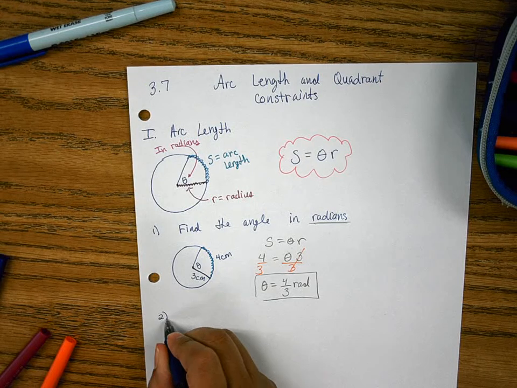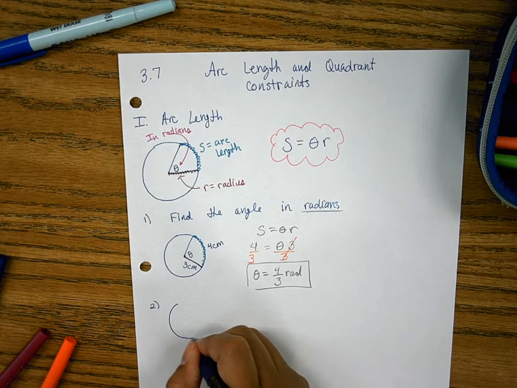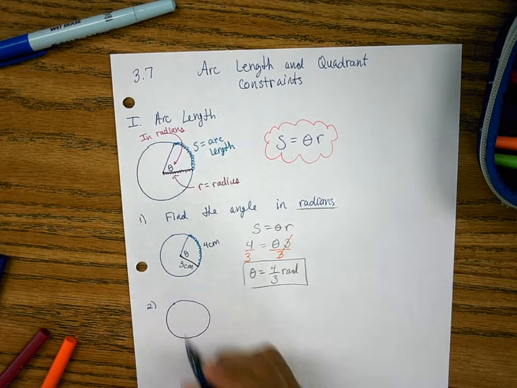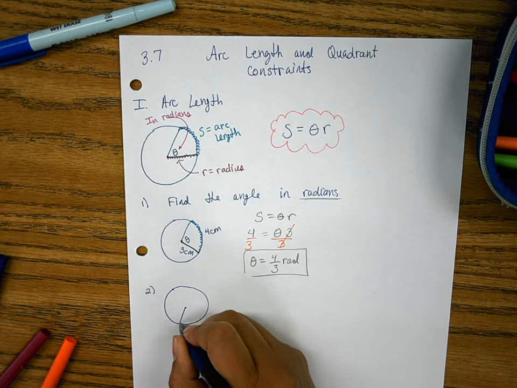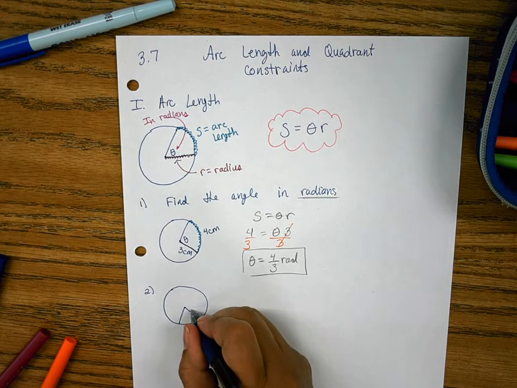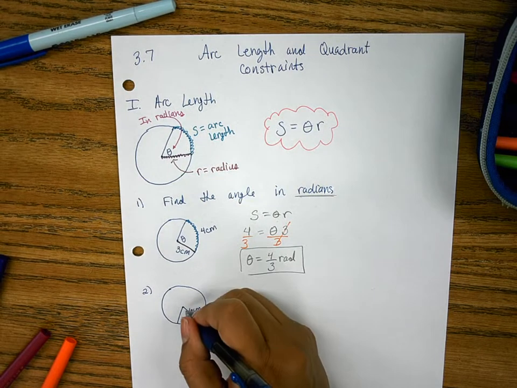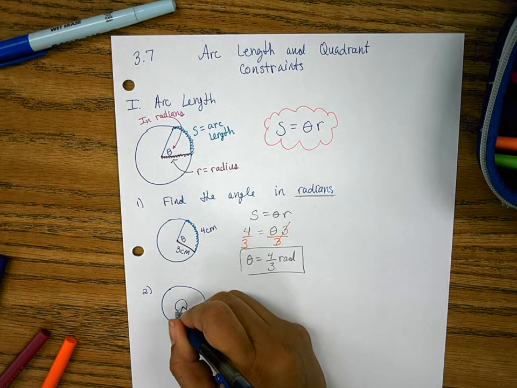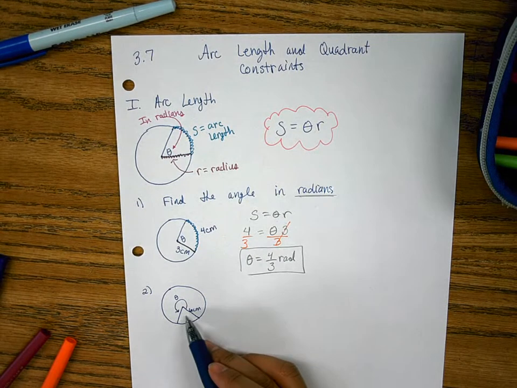Okay, number 2. Same question, find the angle in radians. Let's get our circle down. Radius is 6 centimeters. And theta is the bigger angle here, not this little angle in there.